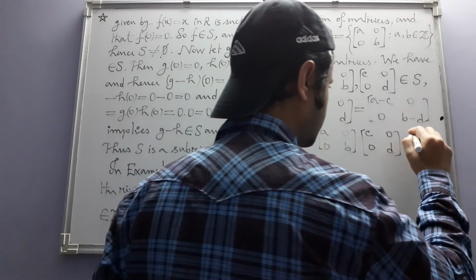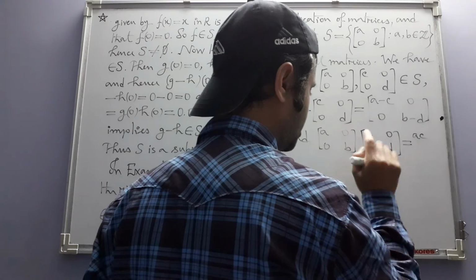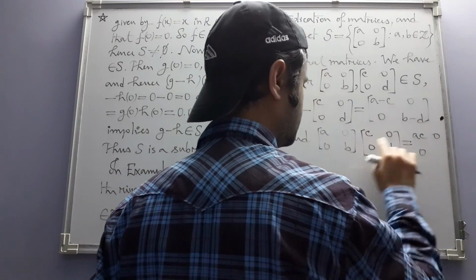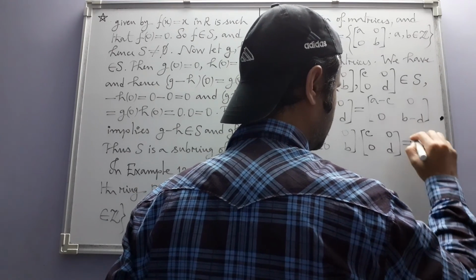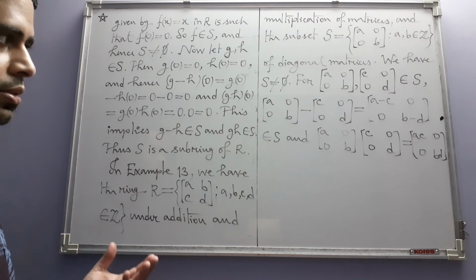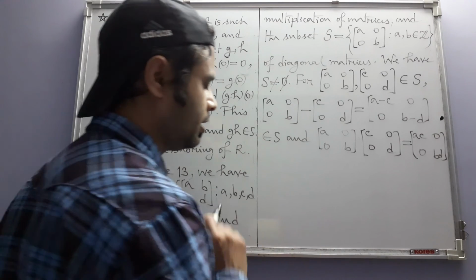From the multiplication itself, you can see that things are particularly simple. AC plus 0 is AC. 0 plus 0 is 0, again 0 plus 0, 0, 0 plus BD, BD. So to multiply these two matrices, you just have to multiply the corresponding diagonal entries, that's all, AC and BD.